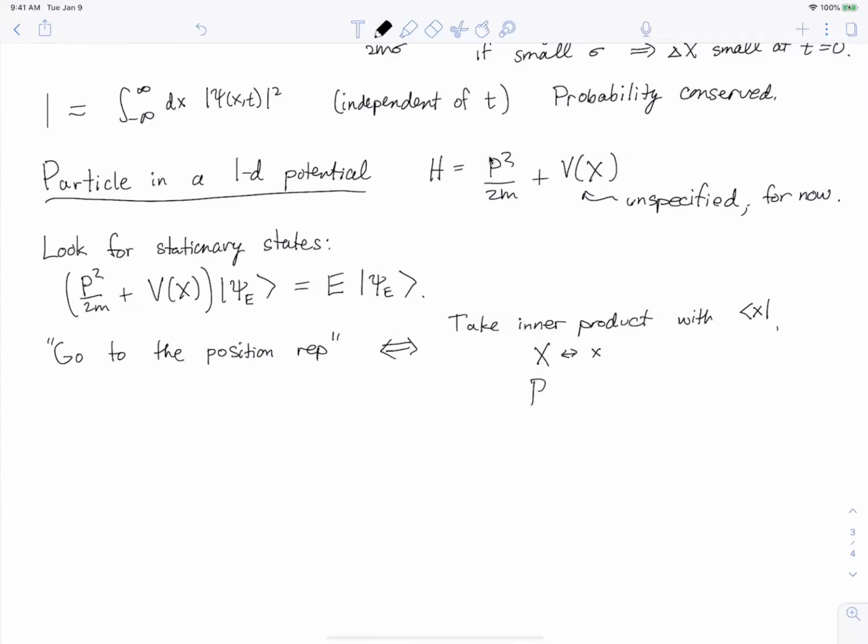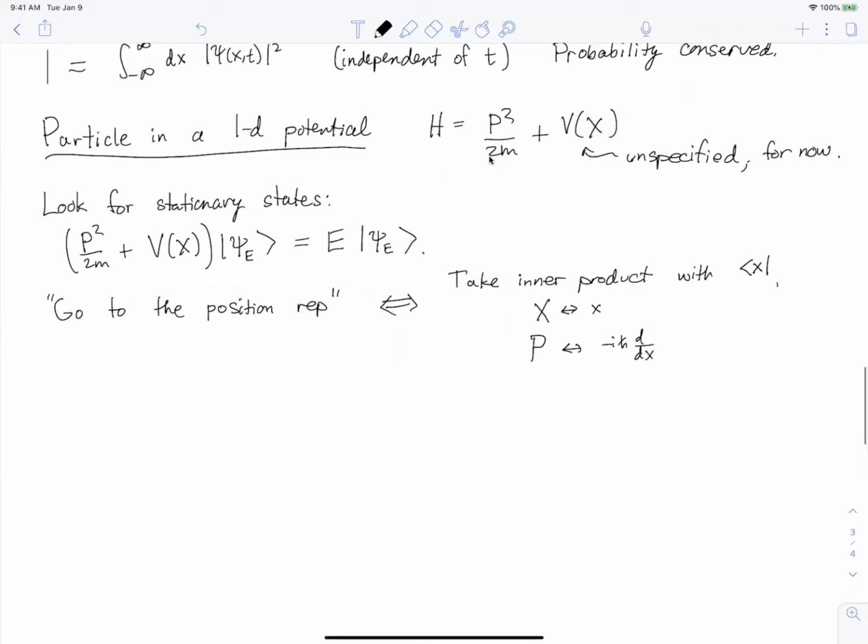The operator p is represented by minus i h bar d by dx. And the ket psi_E is represented by the wave function <x|psi_E>, otherwise known as psi_E of x. Okay, so all of those things are what we mean by go to the position representation.